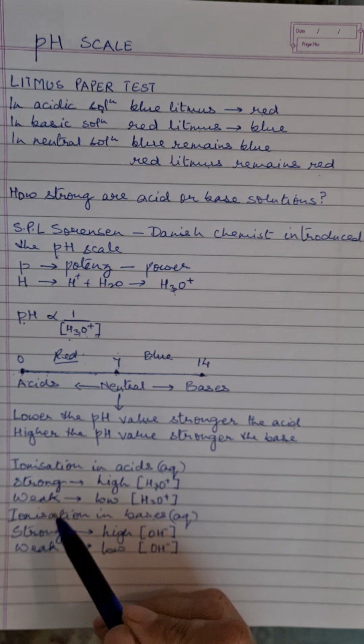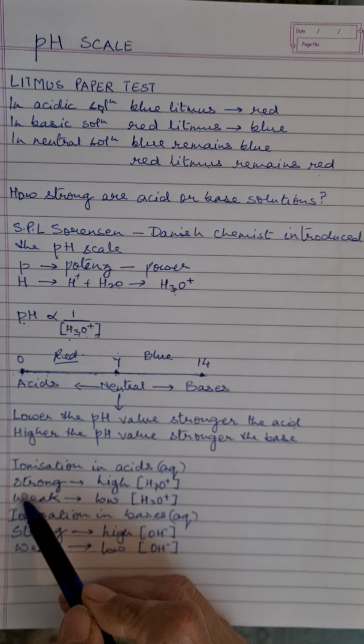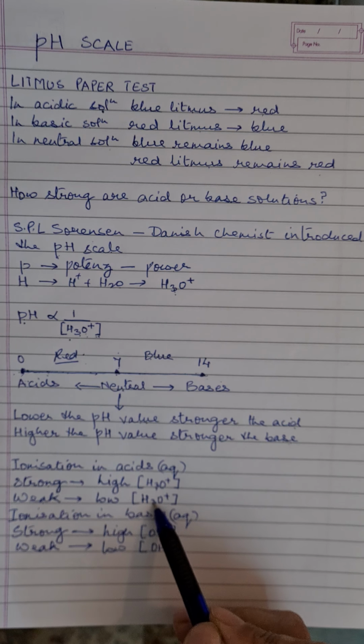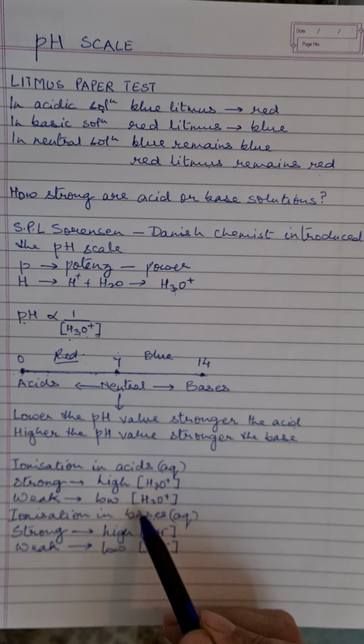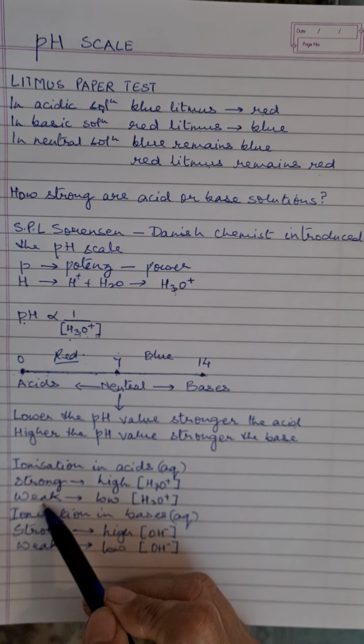And if the ionization or the dissociation of the acid is partial or less, then the concentration of the hydronium ions would be less and it is categorized as a weak acid.